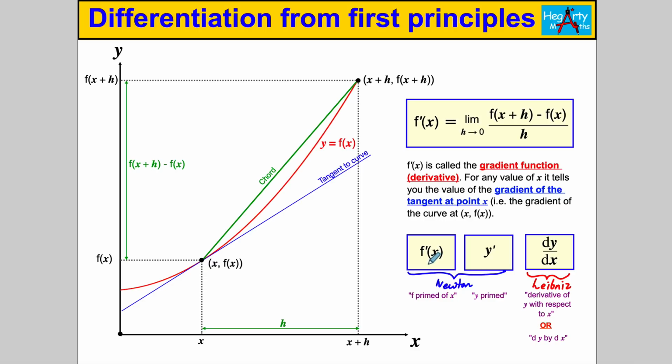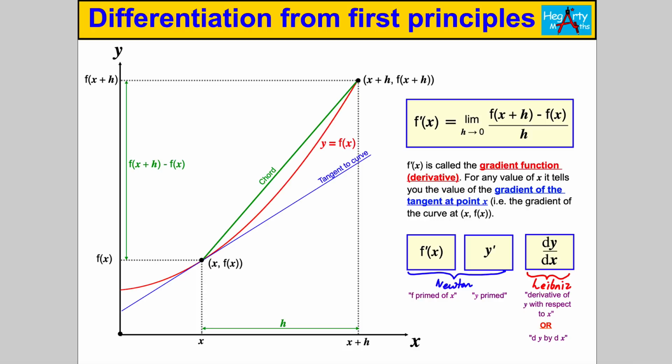So when you see the derivative, you may see it in any of these forms. Often in textbooks, dy by dx is more common. We're going to see a mix of these throughout our lessons, but just be mindful that they basically mean the same thing.